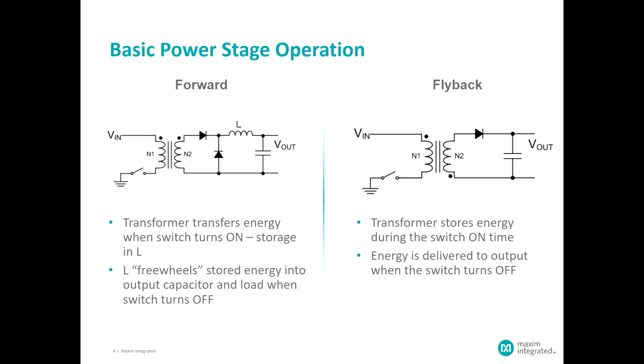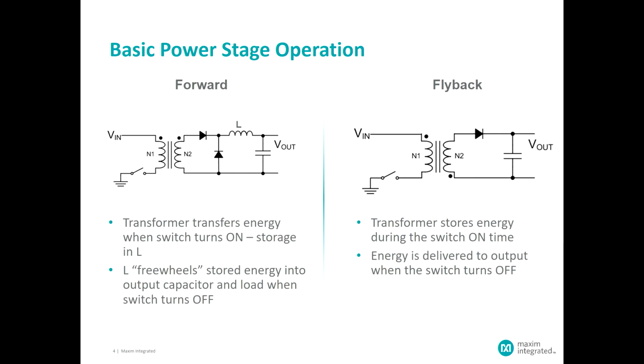So this is the buck circuit with only a transformer inserted between the power switching and the output filter. The circuit on the right looks almost the same, only we have arranged the transformer so the polarity is different, as shown by the dots.